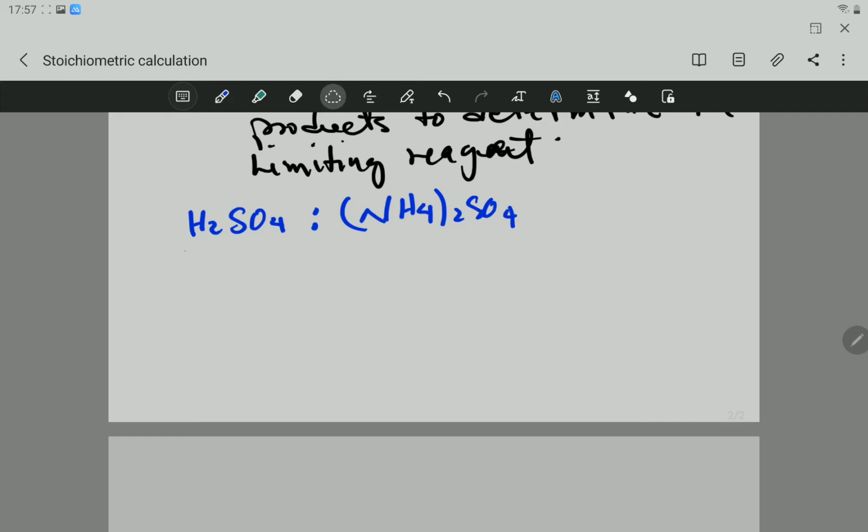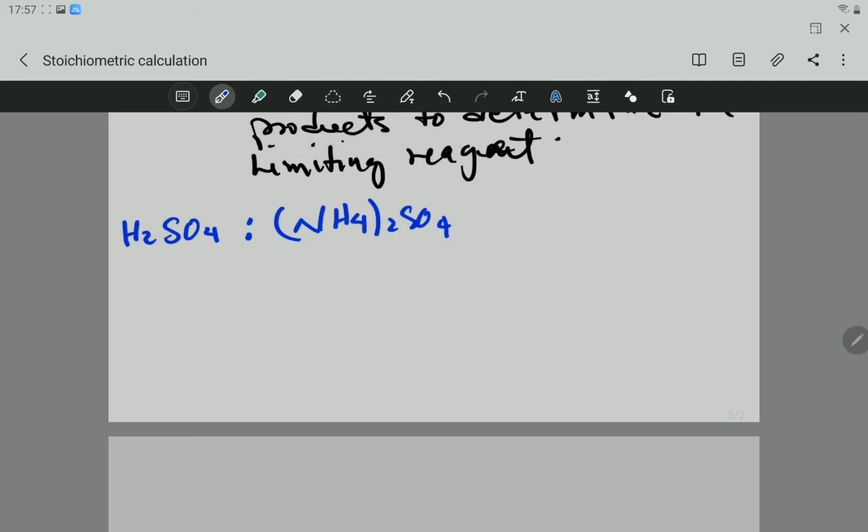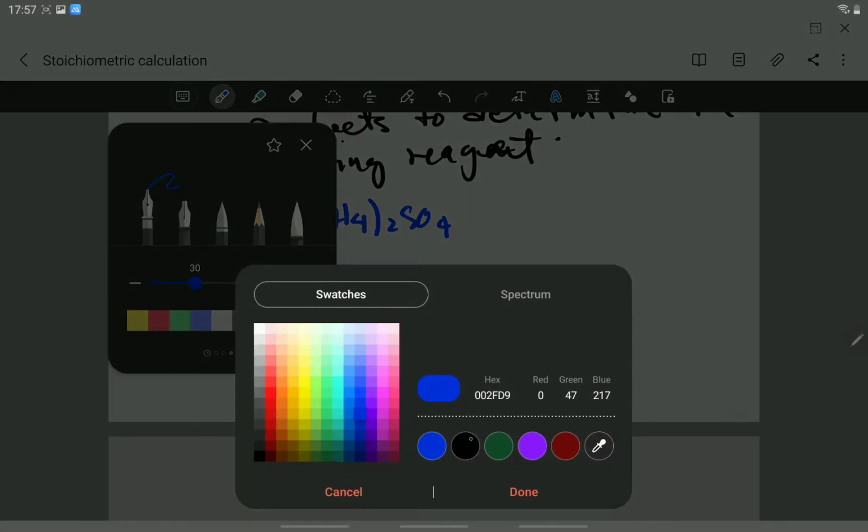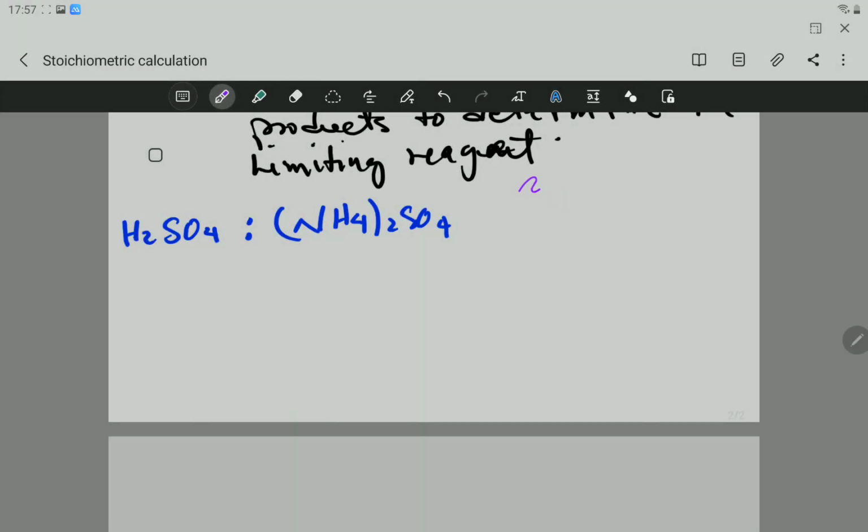Let's move it a little bit to the side, and then here I want to see the ratio of ammonia to ammonium sulfate.